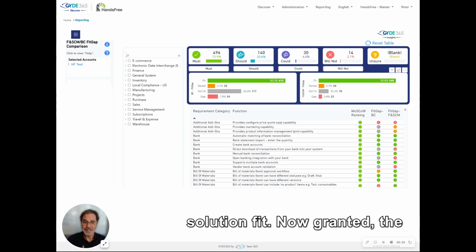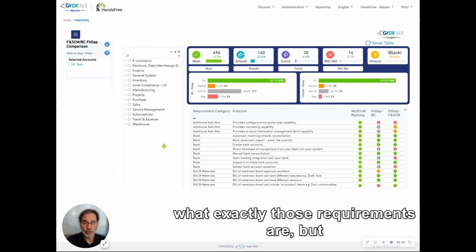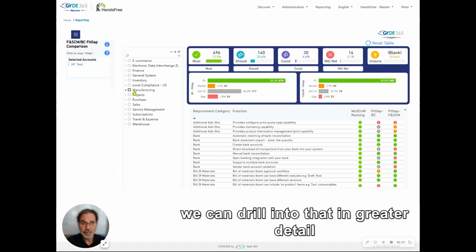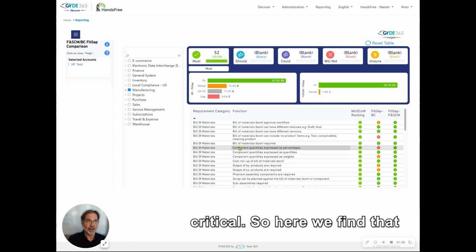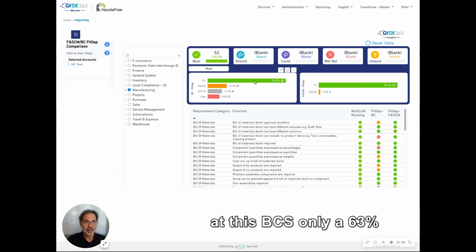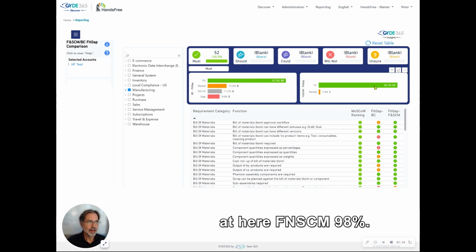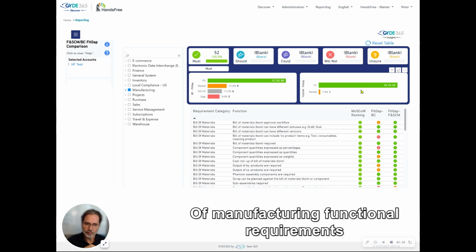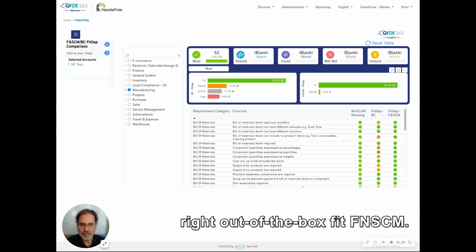Now, granted, the devil is in the details on figuring out what exactly those requirements are, but we can drill into that in greater detail by picking those areas that we think are critical. So here we find that on the critical manufacturing piece, look at this. BC is only a 63% fit on critical functionality. But look at here, FNSCM, 98% of manufacturing functional requirements right out of the box fit FNSCM.